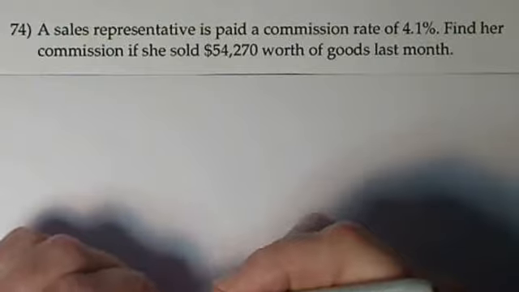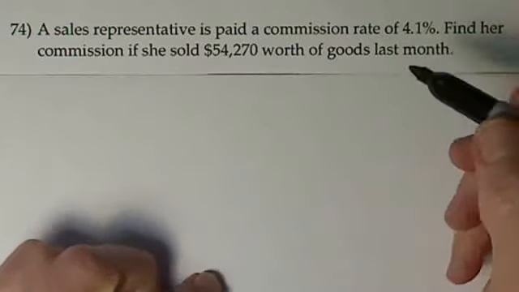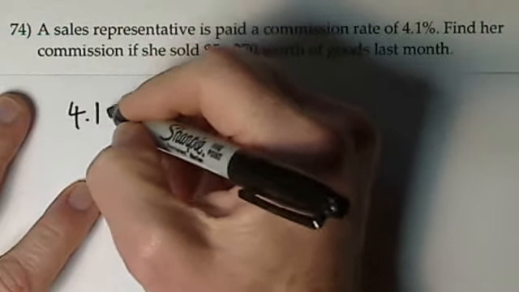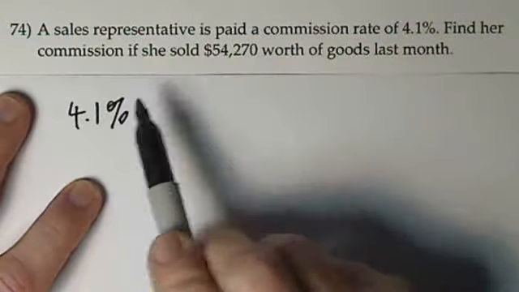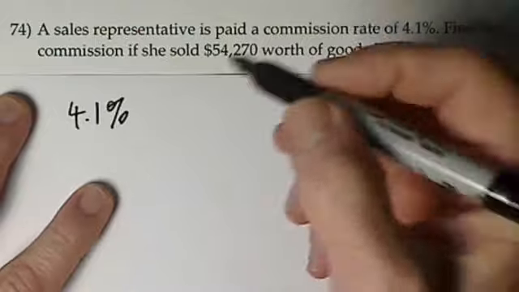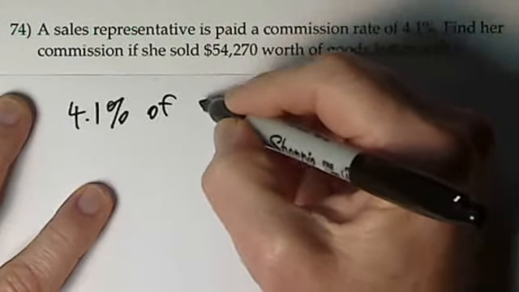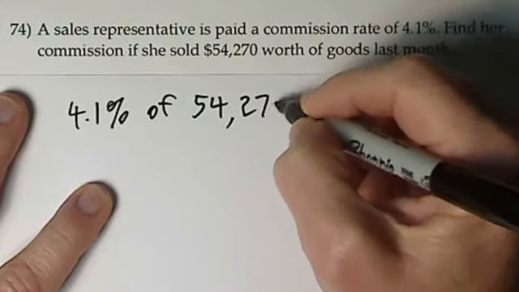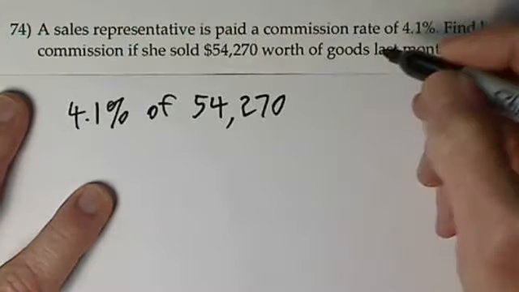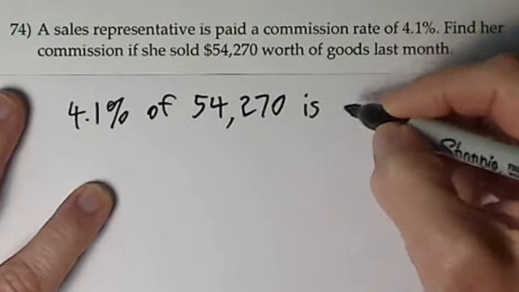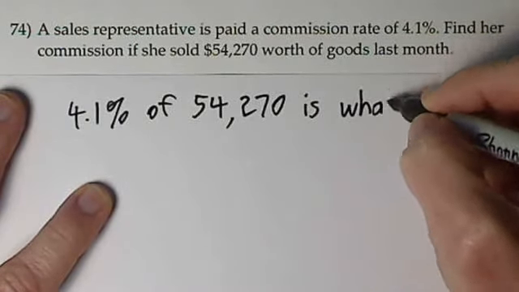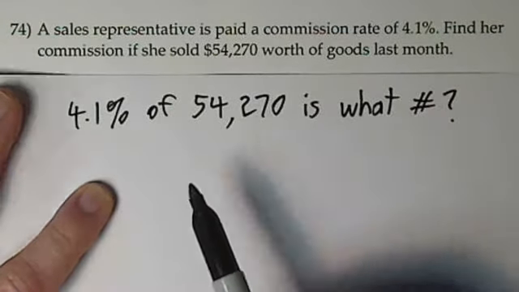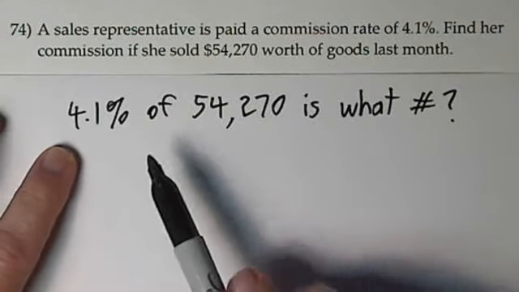So one way to come up with the short sentence is: 4.1% of 54,270 is how much, or is what number? There are other ways you could word this, but I went through a few of those earlier.